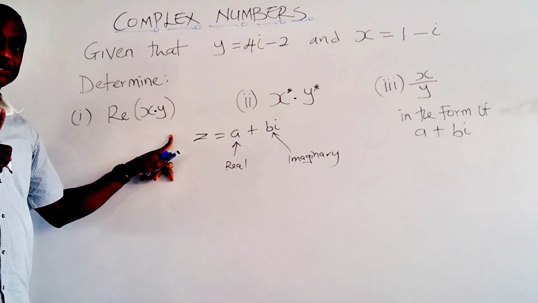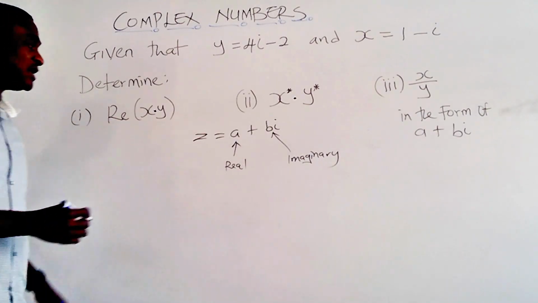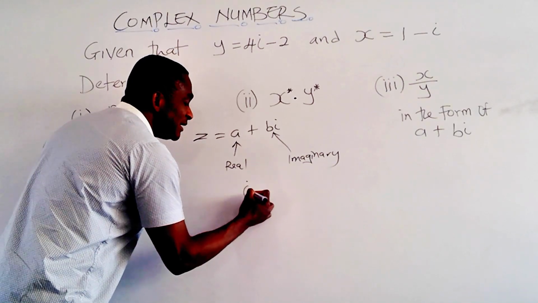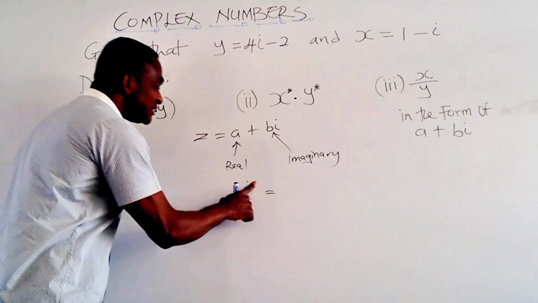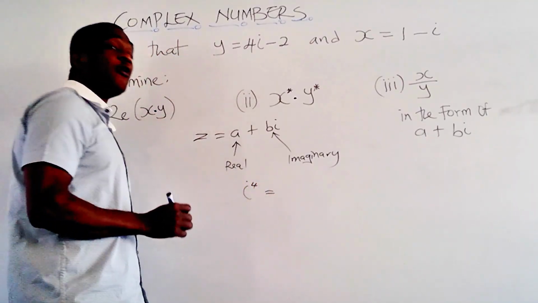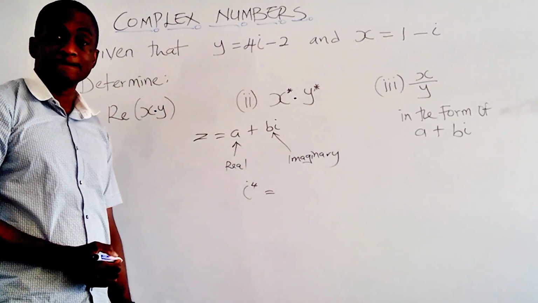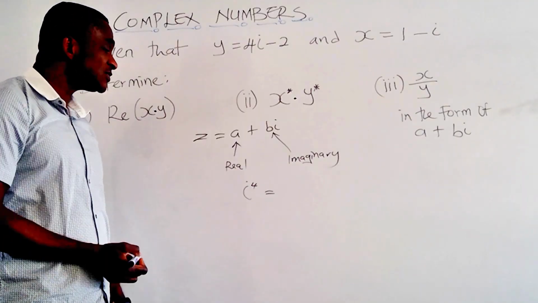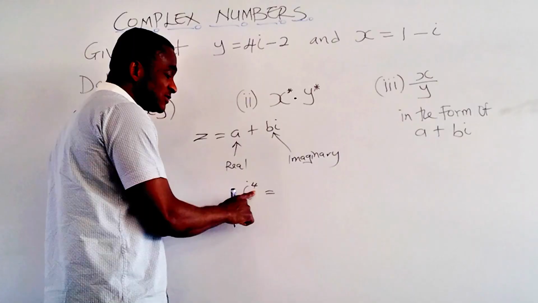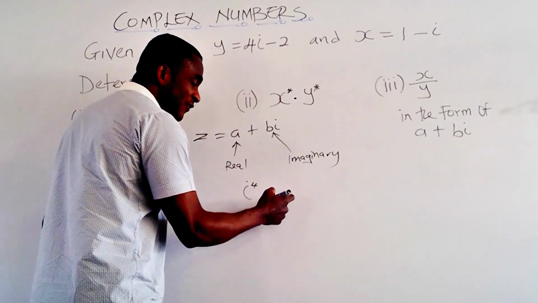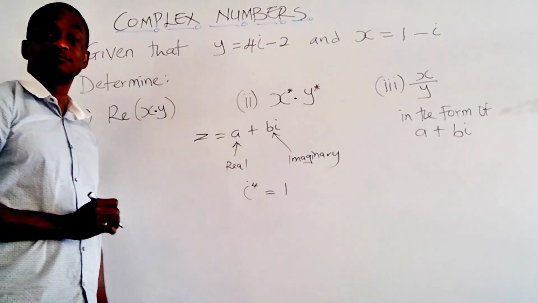Two things we must note before we start, the basics. When i is raised to power 4, or factors of 4, i raised to power factors of 4 is going to give us 1 always.